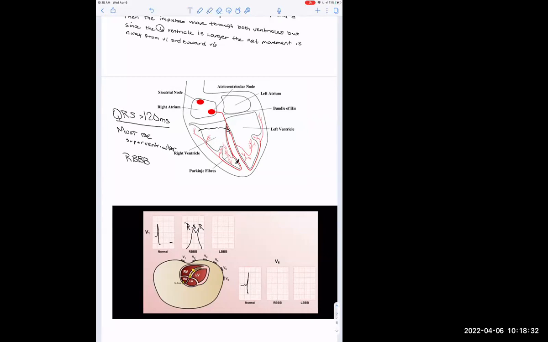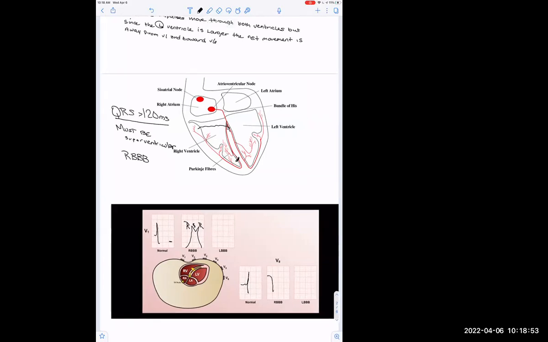You still get this double waved morphology that kind of ends up looking like a W. Let's make this quick. Okay, you kind of get this W looking in V6. That is just that wave in V1 kind of flipped. All right, so that is your classic right bundle branch block morphology. That's how right bundle branch block presents itself in terms of shape.